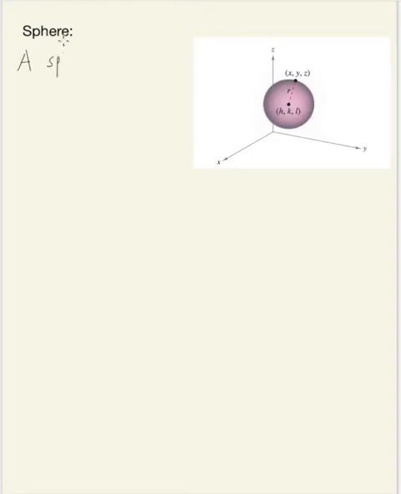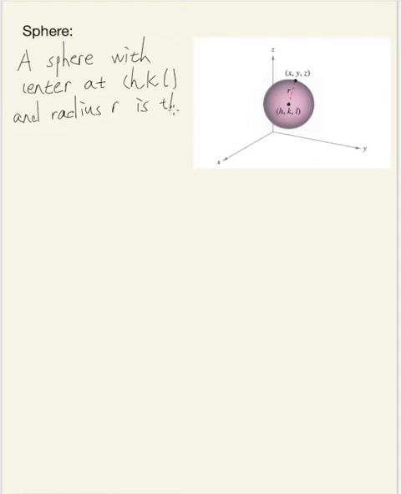Therefore, we have this definition: a sphere with center at the point HKL and radius r is the set of all points x, y, z such that, when I write s dot t dot, it means such that.